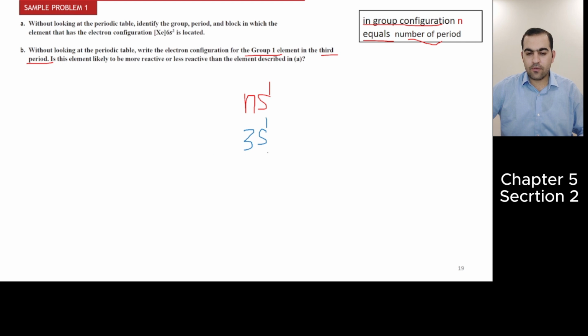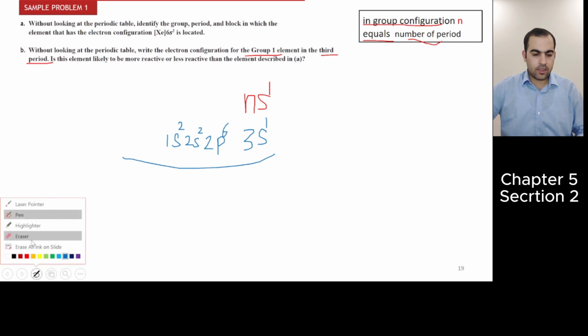So the electron configuration ends with 3s1. So you start writing the electron configuration from 1s: 1s2, 2s2, 2p6, then 3s1. This is how we write the electron configuration if I give you the period and group.